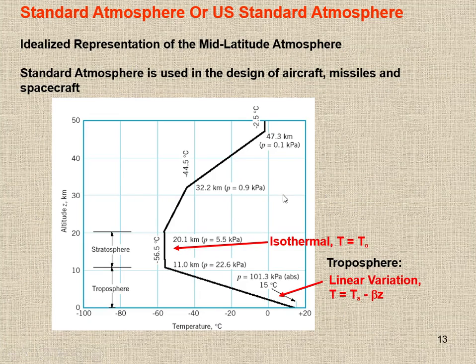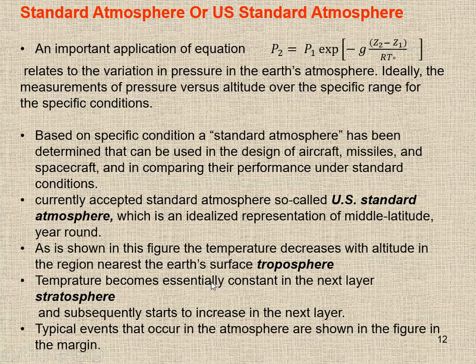Let's see the next slide. Here you can see the temperature decreases as the altitude increases. So from here to here, where the temperature is decreasing with altitude, such a layer is called the troposphere.